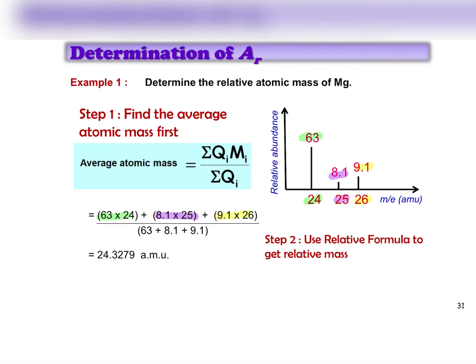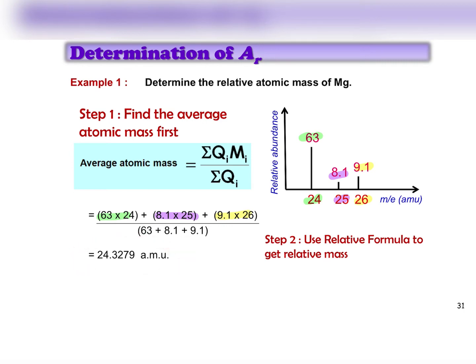All of these numbers, 63, 8.1 and 9.1, are the relative abundance. The other numbers are the relative isotopic mass of each element, and then you divide by the sum of relative abundance. Okay, so you will get this answer.